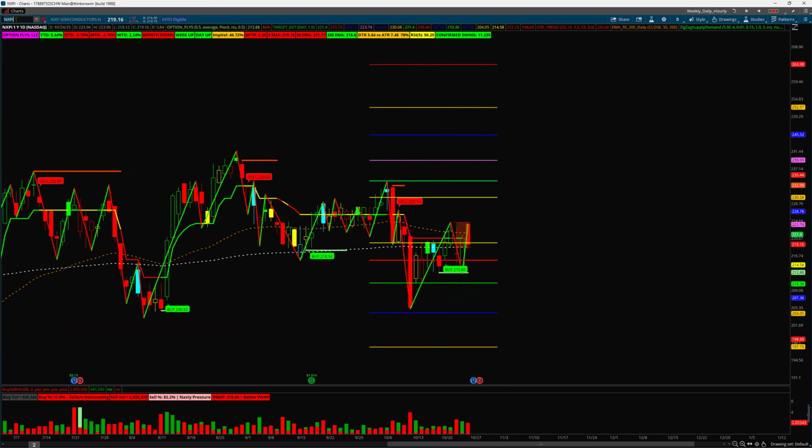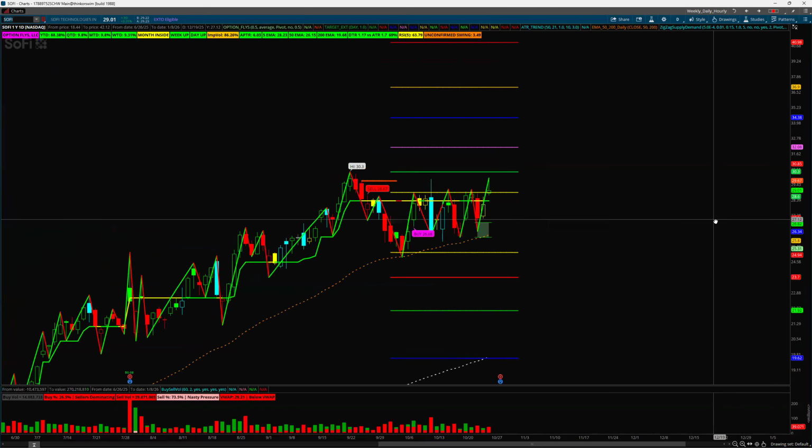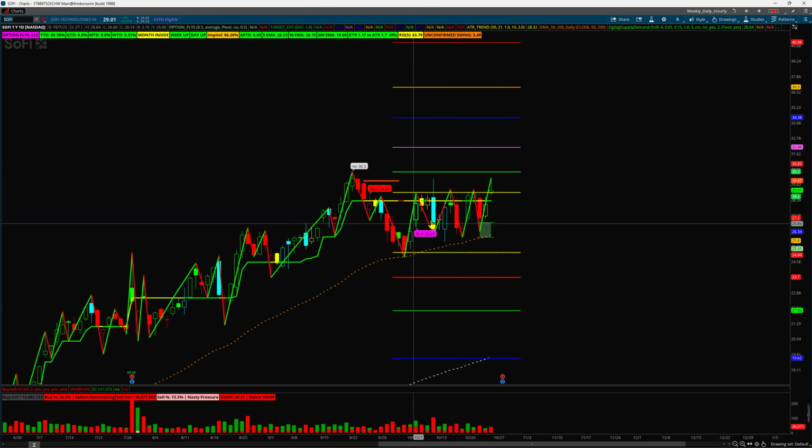What else do we have? SoFi. This is a pretty coiled chart. This might get a pop to the upside. There's a mean reversion buy signal triggered here on October 7th, on my birthday.